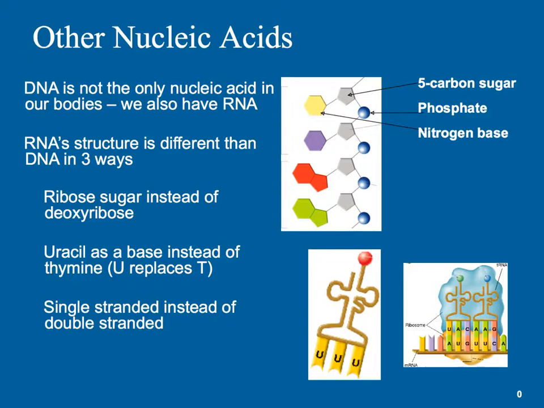Obviously, it has uracil instead of thymine. It has a different sugar. Remember, DNA has deoxyribose, and RNA is going to have ribose. And DNA, remember, is double-stranded. RNA is single-stranded.